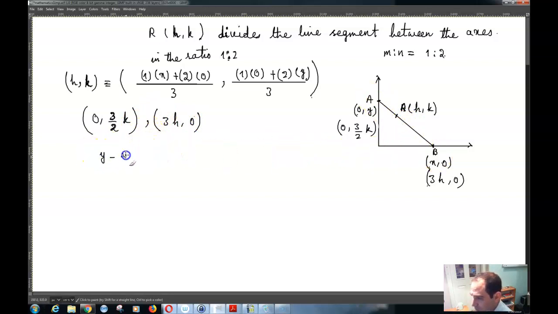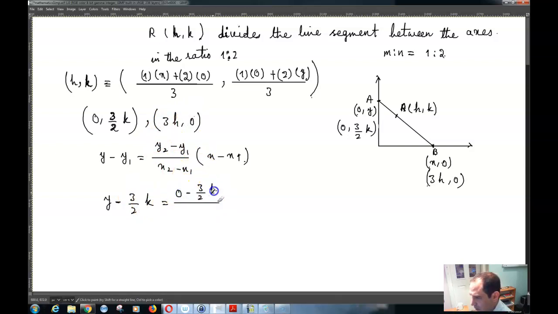So you know that y minus y1 is equal to y2 minus y1 over x2 minus x1 times x minus x1. So basically y minus y1, which is 3/2 k, is equal to y2 minus y1, so that's 0 minus 3/2 k, over x2 minus x1, that's 3h minus 0, times x minus x1, which is equal to 0.